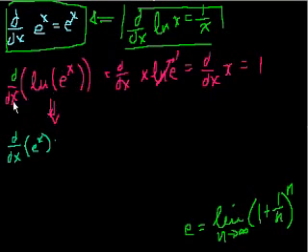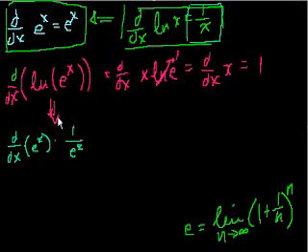So the derivative of ln of e to the x with respect to e to the x. I know that's a little confusing. You could have written a d e to the x down over here, but I think you know the chain rule by now. That is equal to 1 over e to the x. And that just comes from this, but instead of an x, we have an e to the x. So this is just the chain rule.